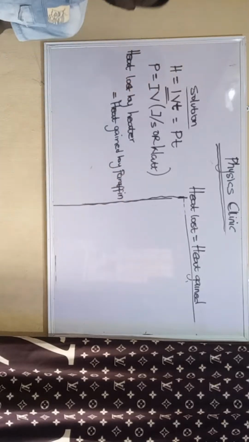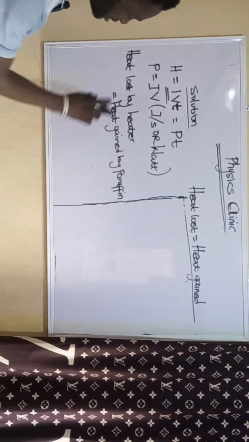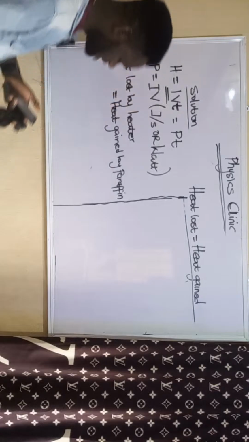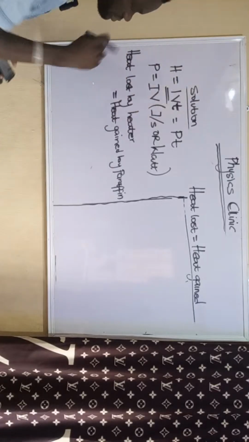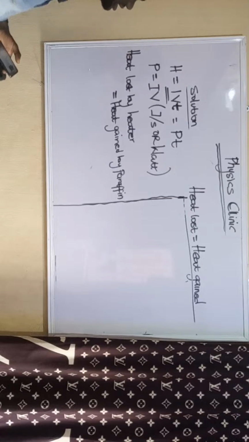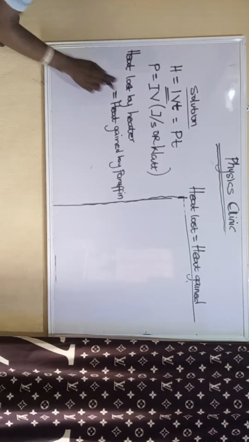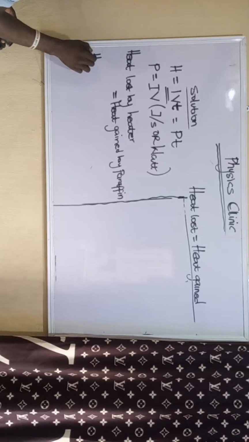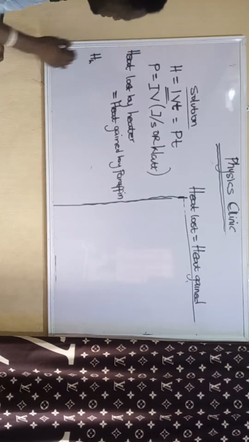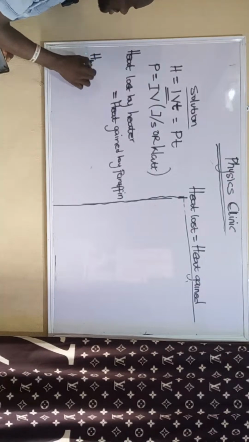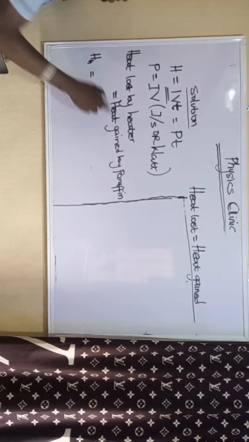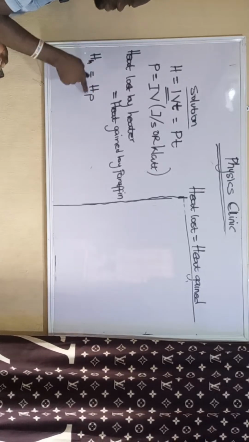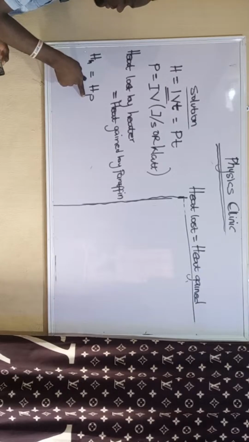Let's quickly get the heat lost by the immersion heater. I'm going to call that HH. HH must be equal to HP: heat lost by heater must be equal to heat gained by paraffin.